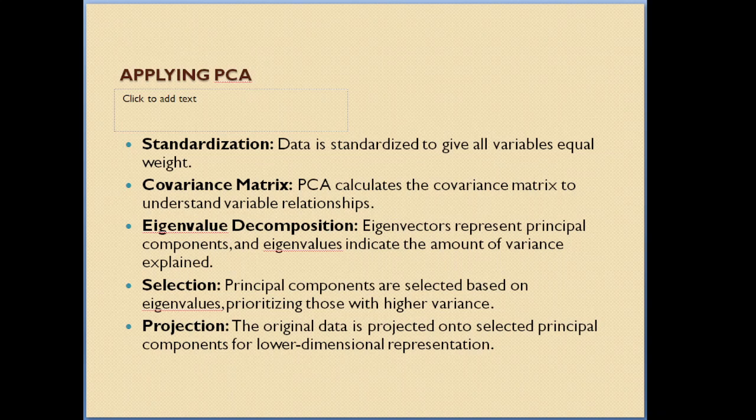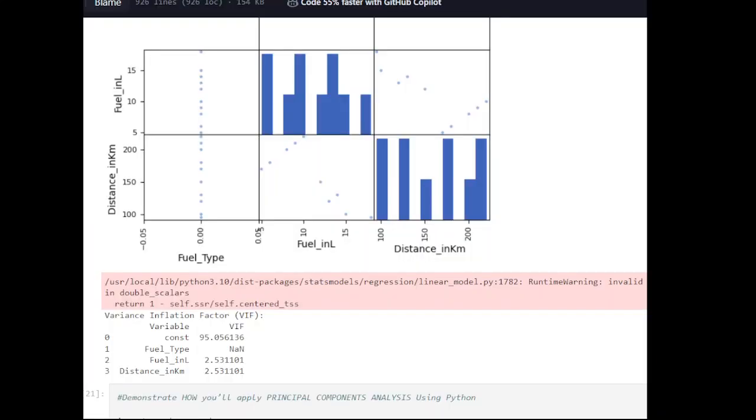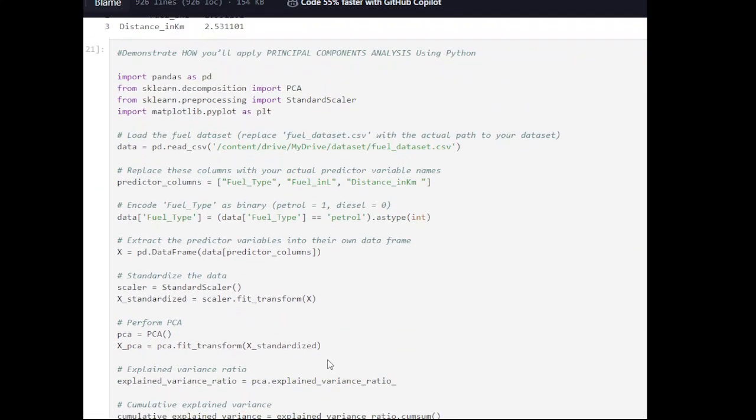Next we could go for its code. Let me show it. Here we have the PCA, principal component analysis. Again, we did the same thing: we read our CSV file for the data set, then predictor columns, then encoding, then extracting.